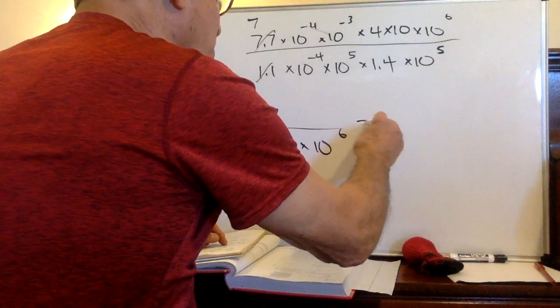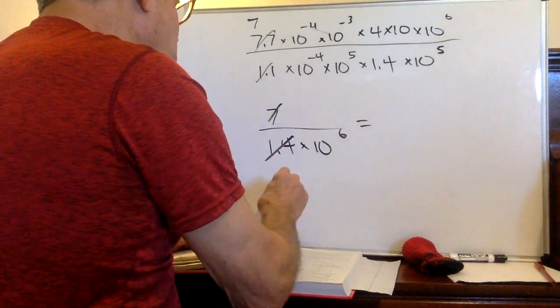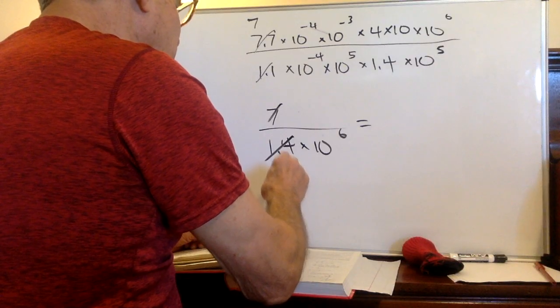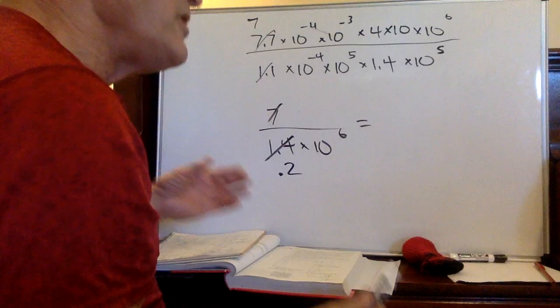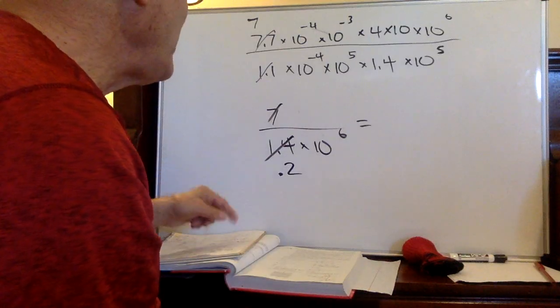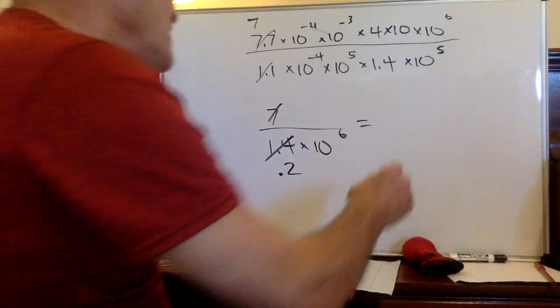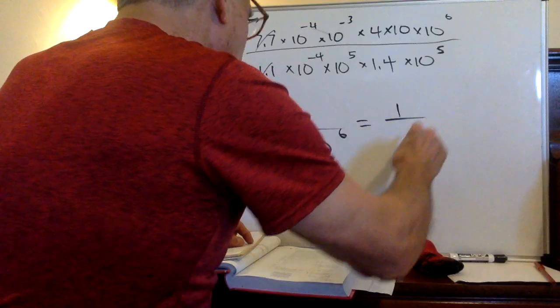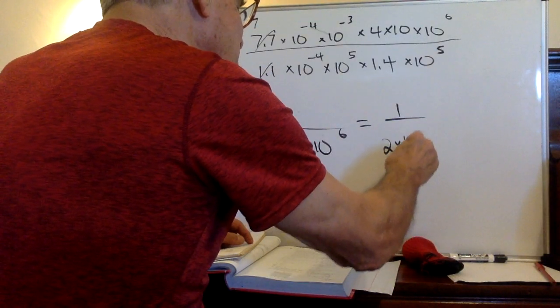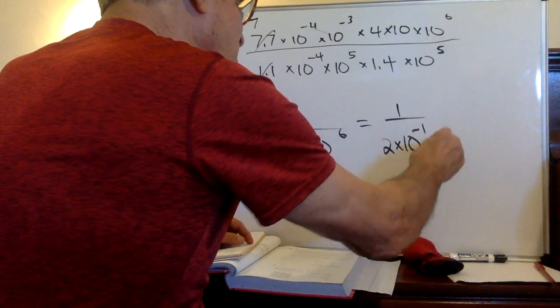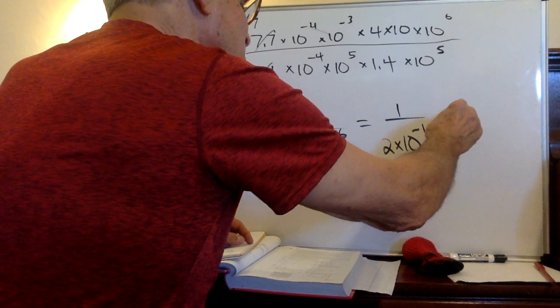Hopefully you didn't stop there, because 7 goes into 1.4 how many times? It goes in 0.2 times. 7 into 14 is 2, so 7 into 1.4 is 0.2. So this is the same as saying 1 over 0.2, which is 2 times 10 to the negative 1, times 10 to the 6th.